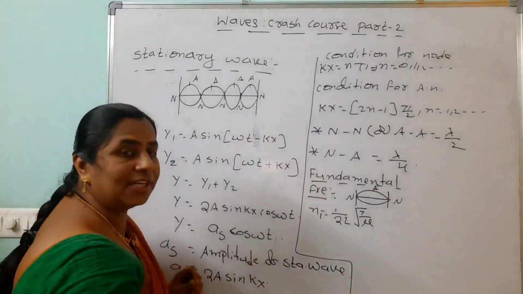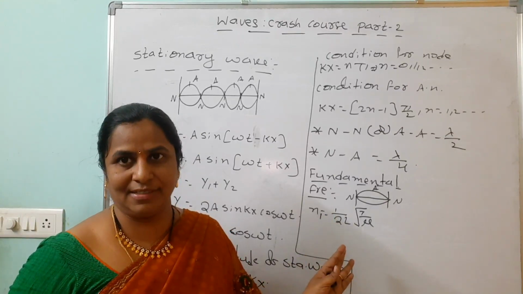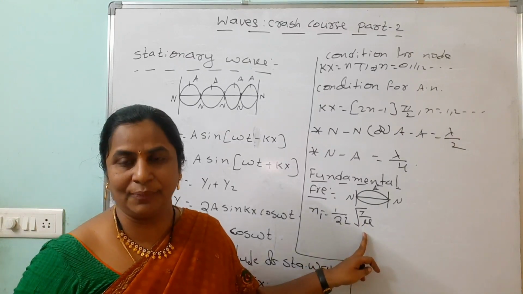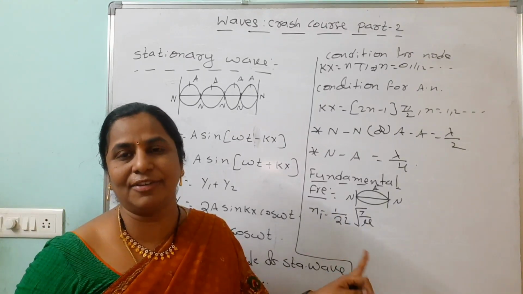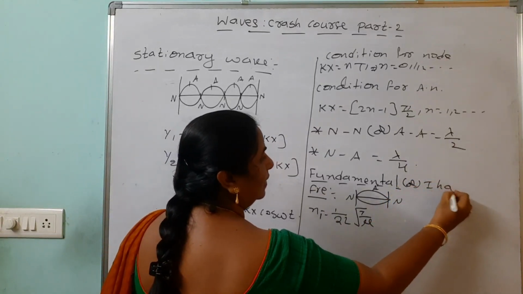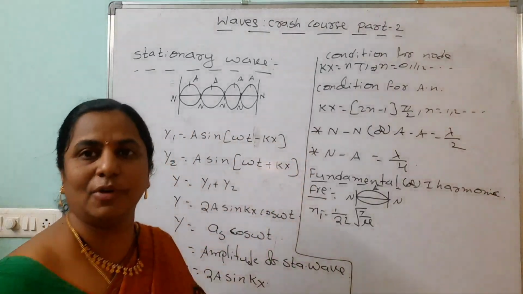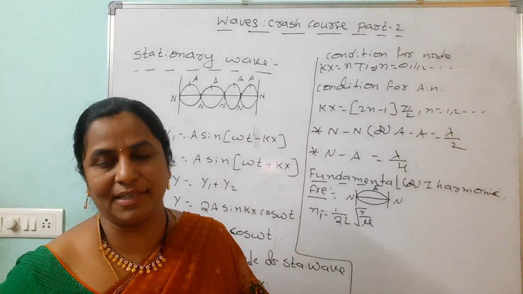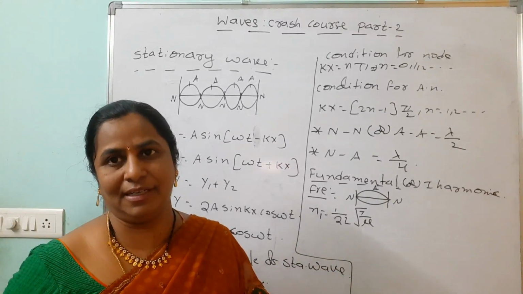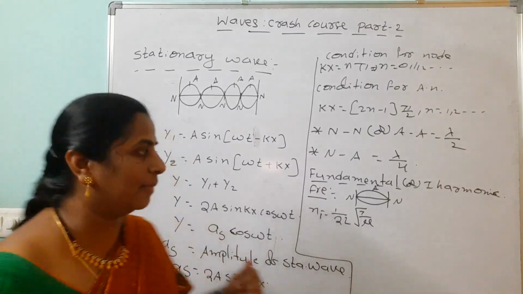It is 1 by 2L into root T by mu, one time the fundamental frequency, and it is also called the first harmonic. So don't get confused: if a problem mentions first harmonic or fundamental frequency, both are the same. Harmonic means an integral multiple of the fundamental frequency, and fundamental means the lowest frequency.